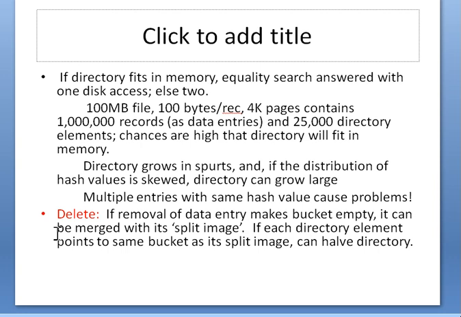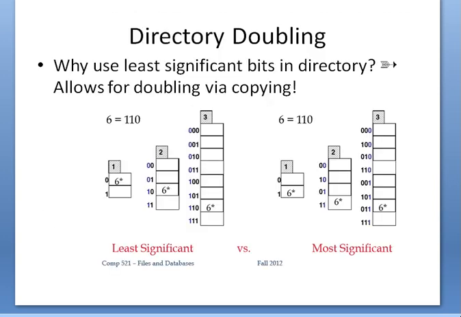Chances are that the directory will fit in memory even for that many records, because the directory is very small. But the problem is that the directory will grow in spurts, that is, whenever it is doubling.